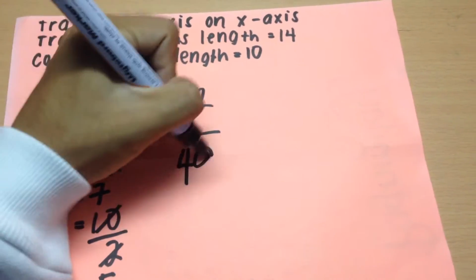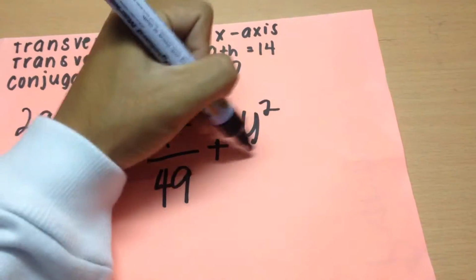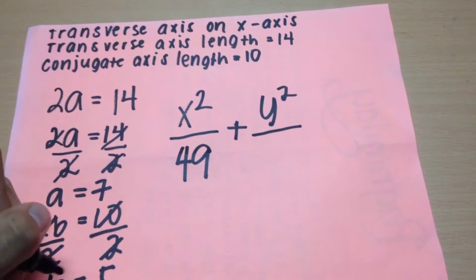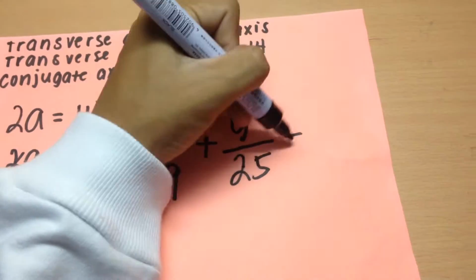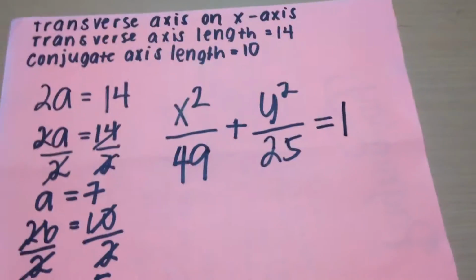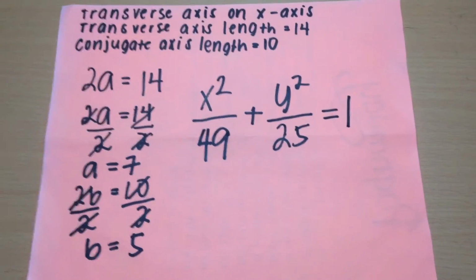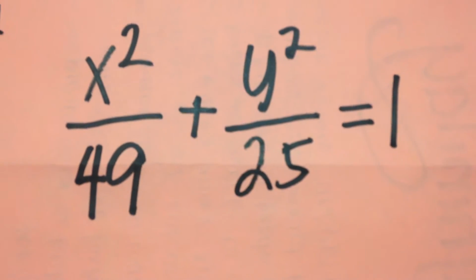It will become 49, minus y squared over 25, the square of b, is equal to 1. So that's the answer to problem 1, the standard equation of this problem.